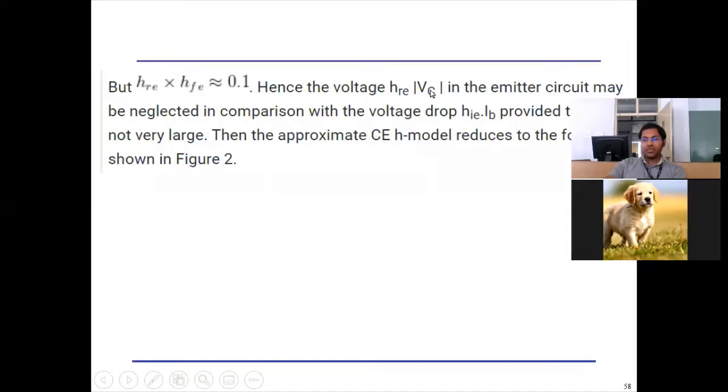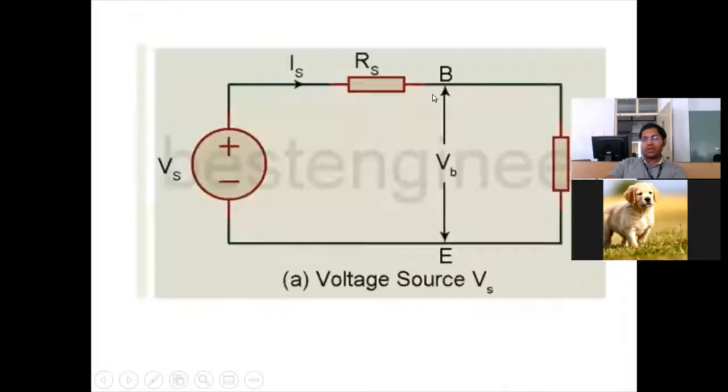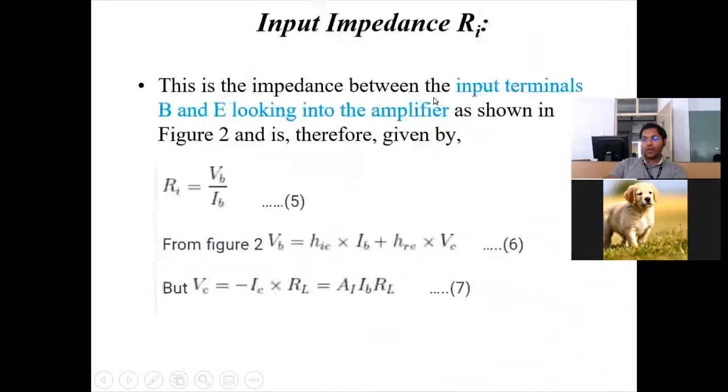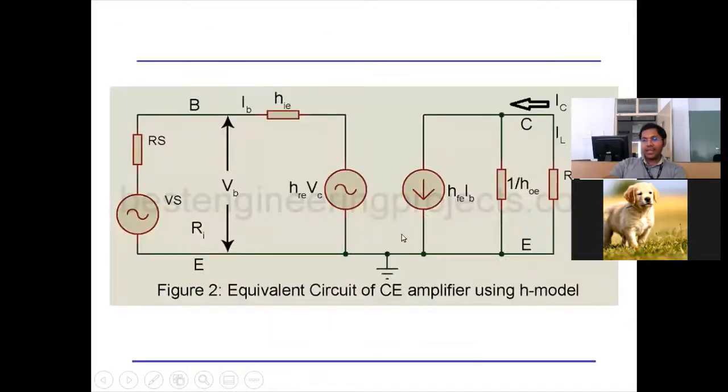In simple words, now I can neglect two components in this circuit. I can remove this, and I can make this 0. If I make this 0 voltage, it means short circuit. This value is very small, and a small voltage I can approximate with a short circuit.